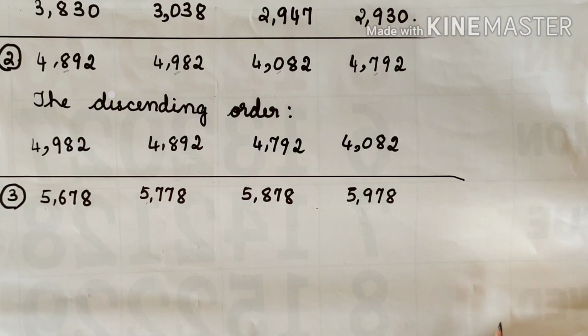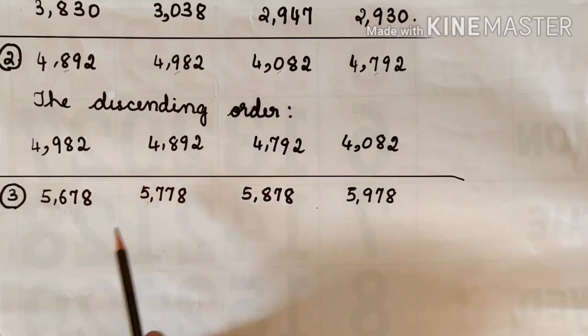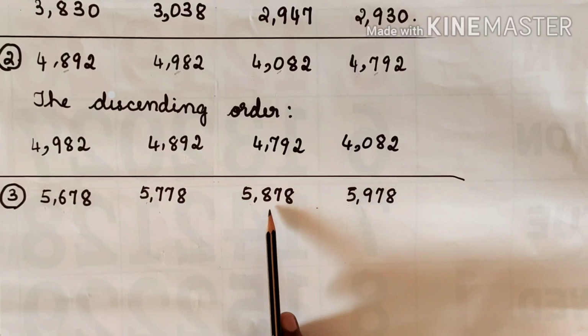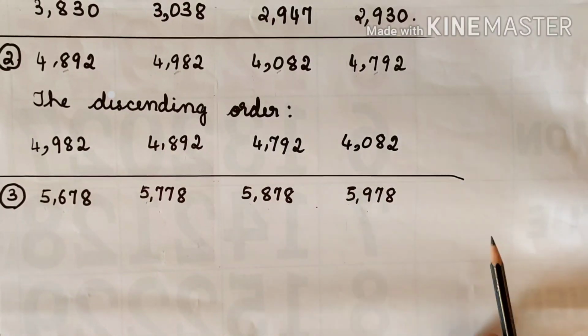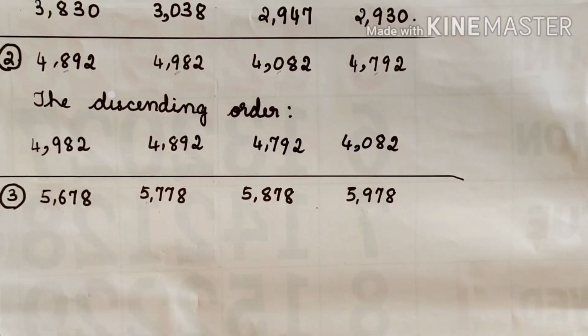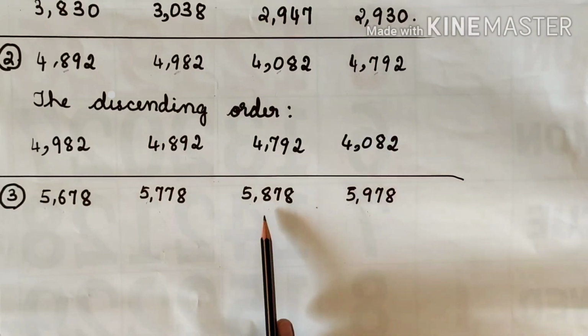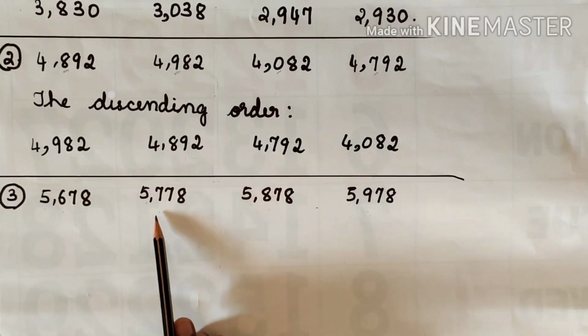We shall compare hundreds. Very good. Now let's see hundreds. 6, 7, 8, 9. Very good. 6, 7, 8 and 9. Which is the greatest number? 9 is the greatest number. After 9 it is 8. After 8 it is 7.